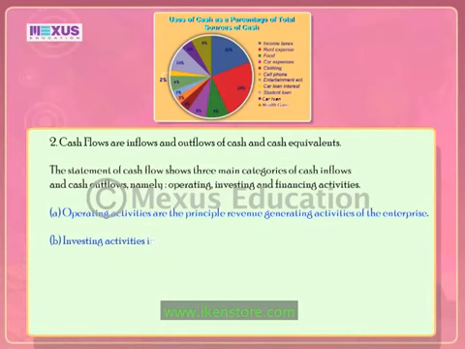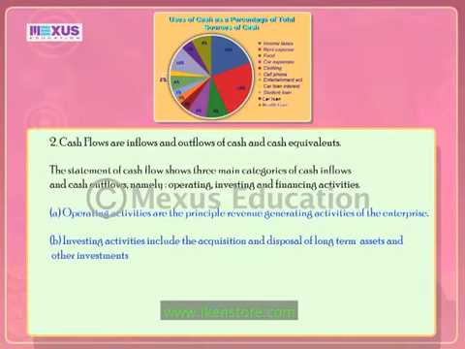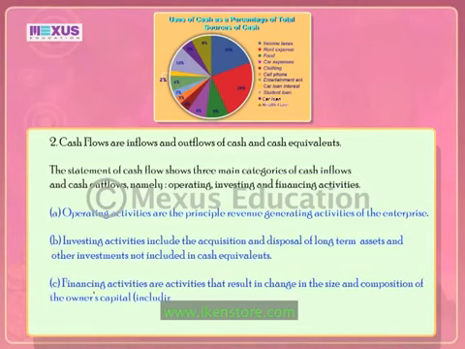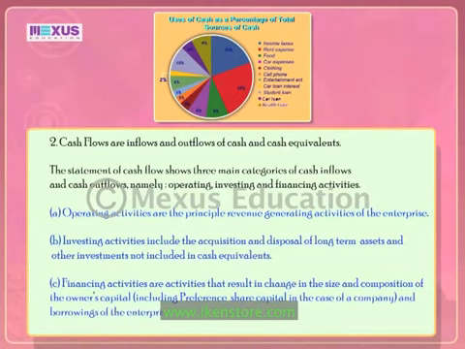Investing activities include the acquisition and disposal of long-term assets and other investments not included in cash equivalents. Financing activities are activities that result in change in the size and composition of the owner's capital, including preference share capital in the case of a company, and borrowings of the enterprise.